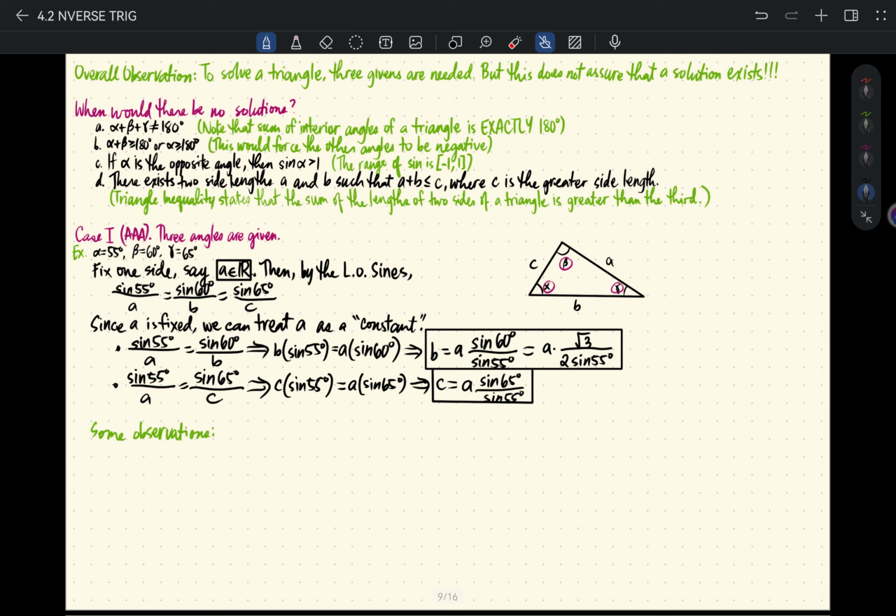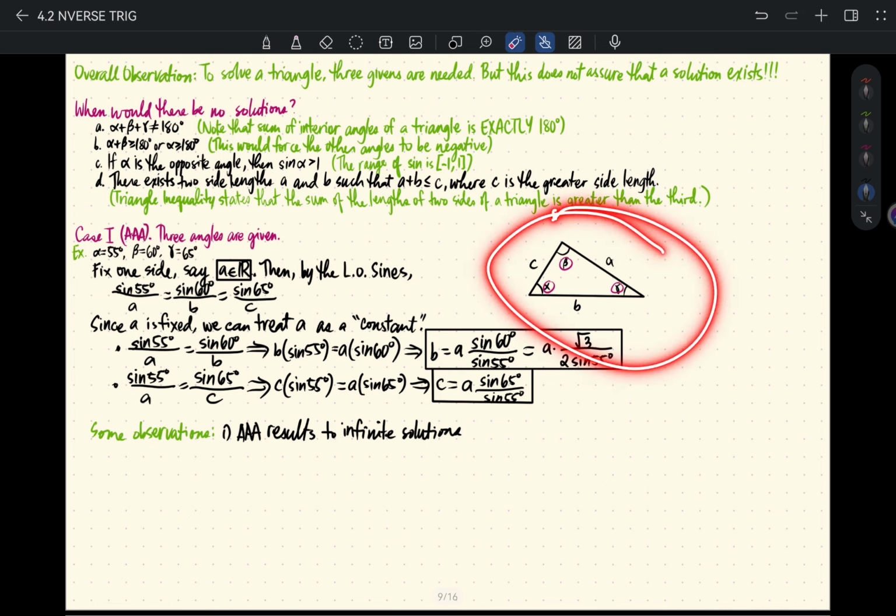First one, AAA results in infinite solutions. Why does it result in infinite solutions? That's because you can enlarge or shrink your triangle, but your angles do not change.